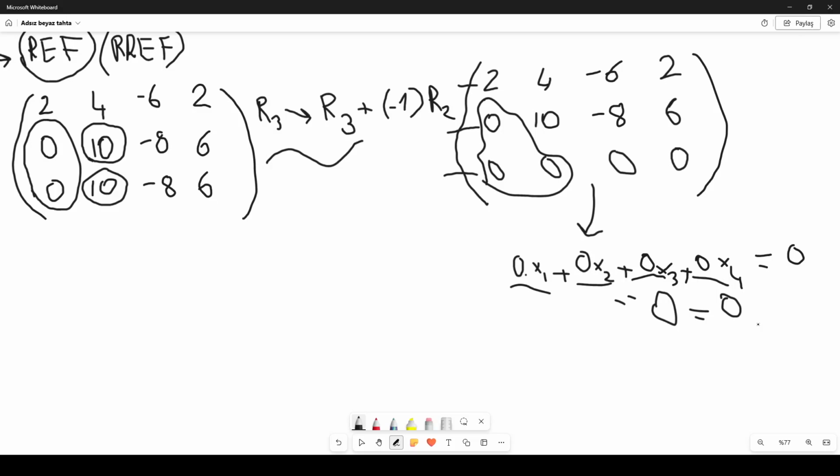It is satisfied for all values, which signals that we have an infinite number of solutions, because regardless of the values of the unknown variables, this equation is satisfied. In other words, if the values of the unknown variables range over all real numbers, they would absolutely satisfy it, okay?